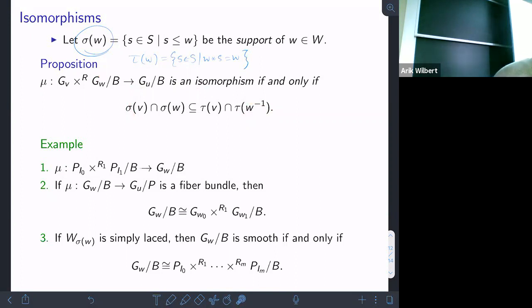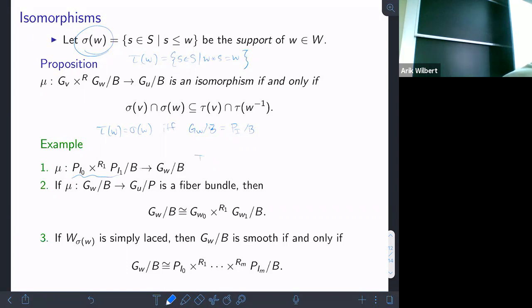This really surprised me the first time I saw it. For example, we have tau of W equals sigma of W if and only if GW mod B is some parabolic subgroup. If you apply that to the case of two parabolic subgroups, let me just write the left-hand side.